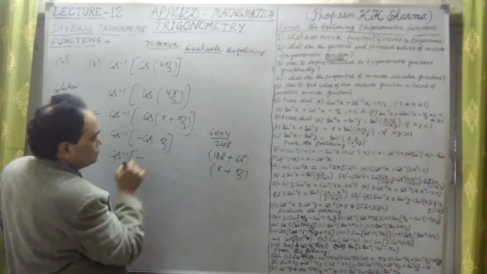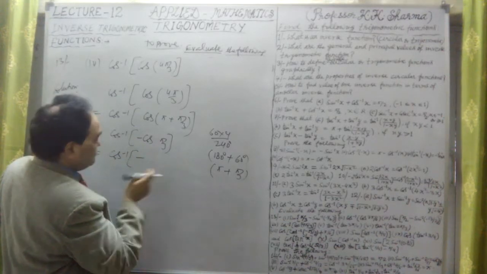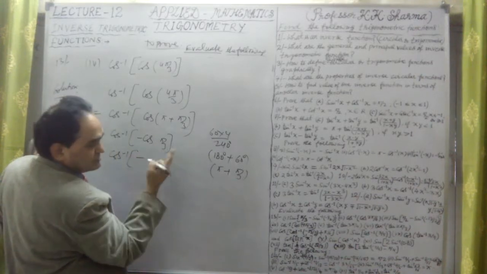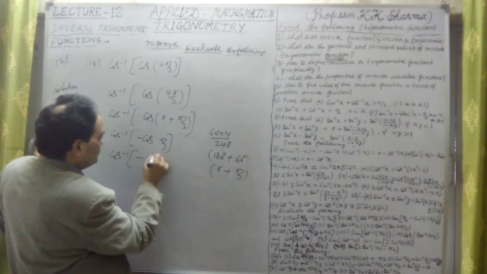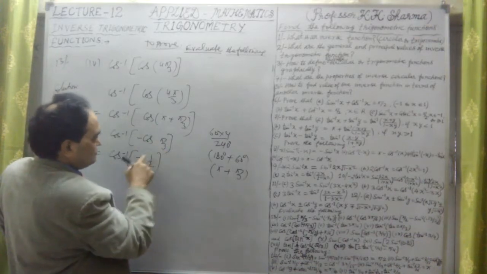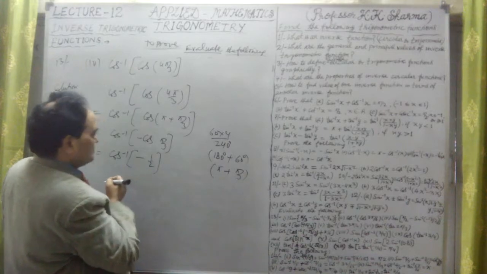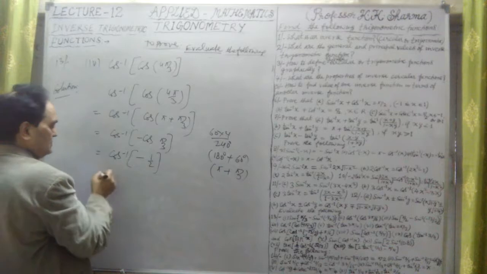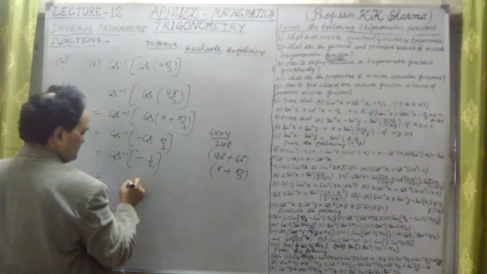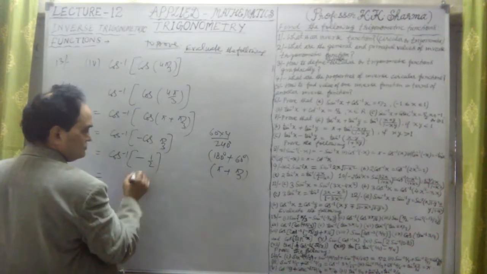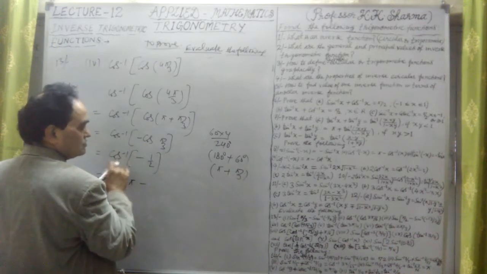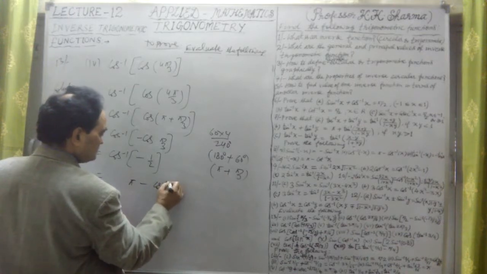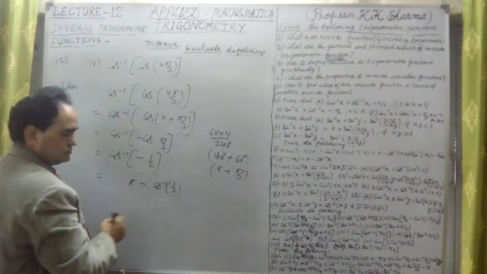What is the value of cos pi by 3? Cos pi by 3 is 1/2, 60 degree. This is a negative value. It will give us pi minus, because cos inverse of minus x equals pi minus cos inverse x, that means cos inverse 1/2.